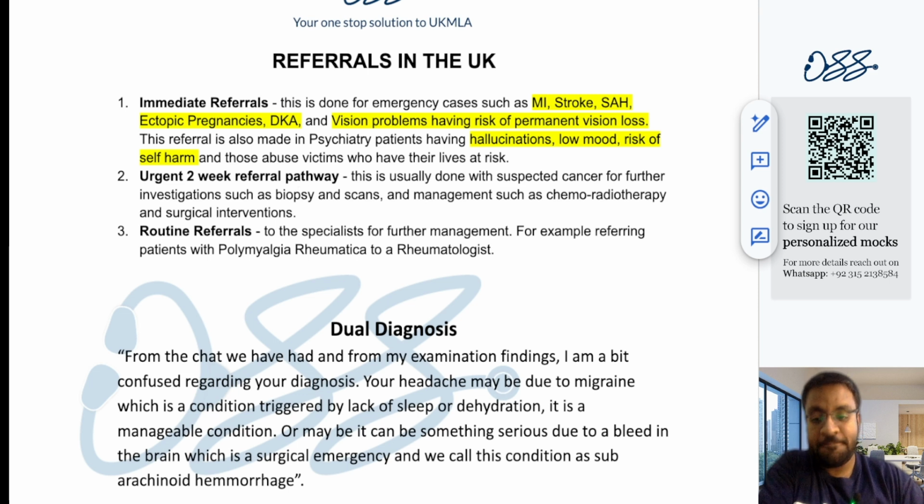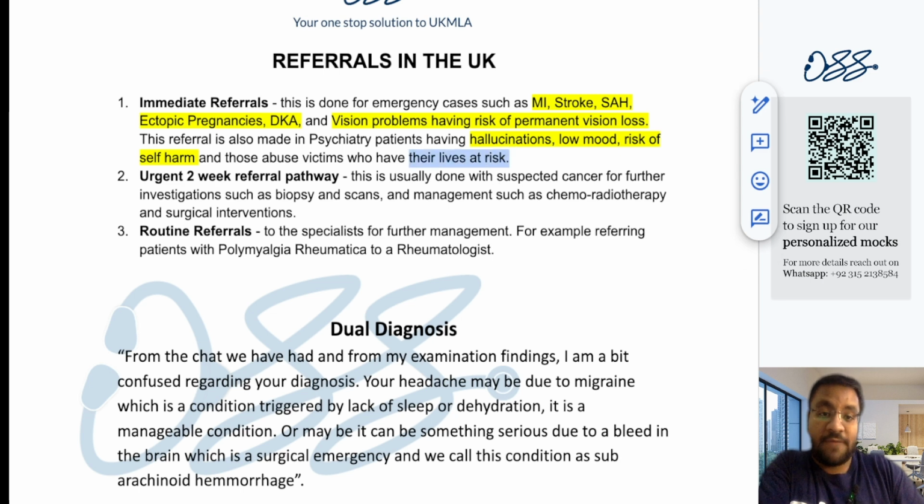Apart from this, for some abuse victims you may want to offer admission, not because they have any psychiatric red flags or any medically life-threatening condition, but because of the abuse their life may be at risk.